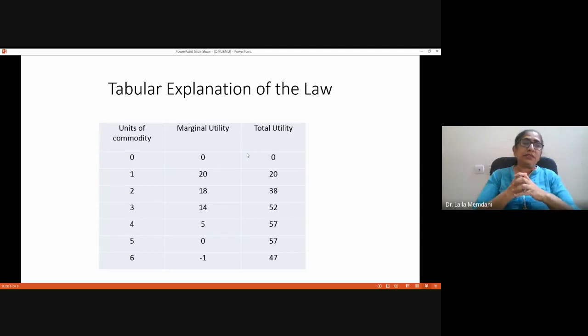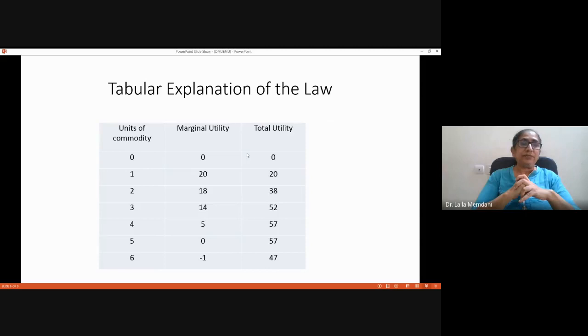If he consumes the third unit, marginal utility is 14. Now 38 plus 14, you get 52. Fourth unit, slightly less, still less, 5 units only, and the total utility is 52 plus 5, that is 57.